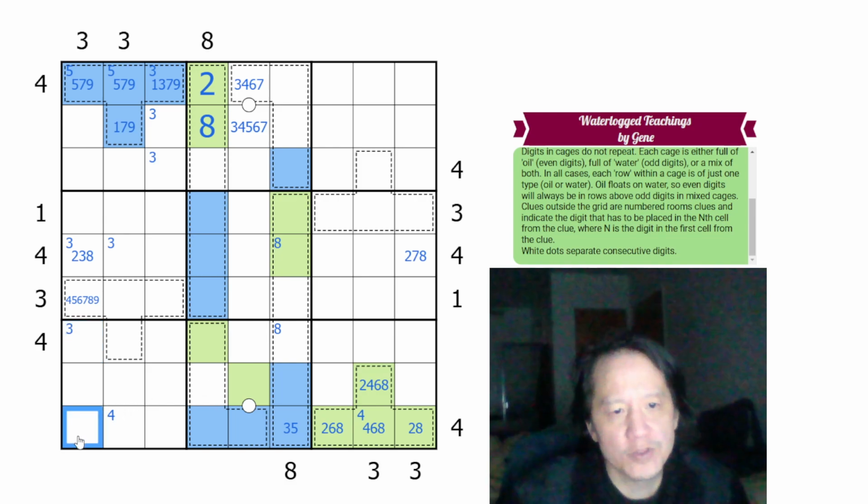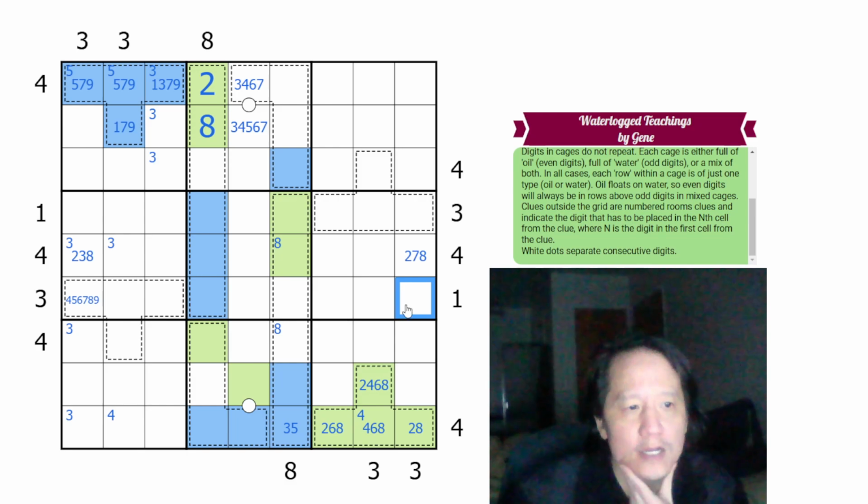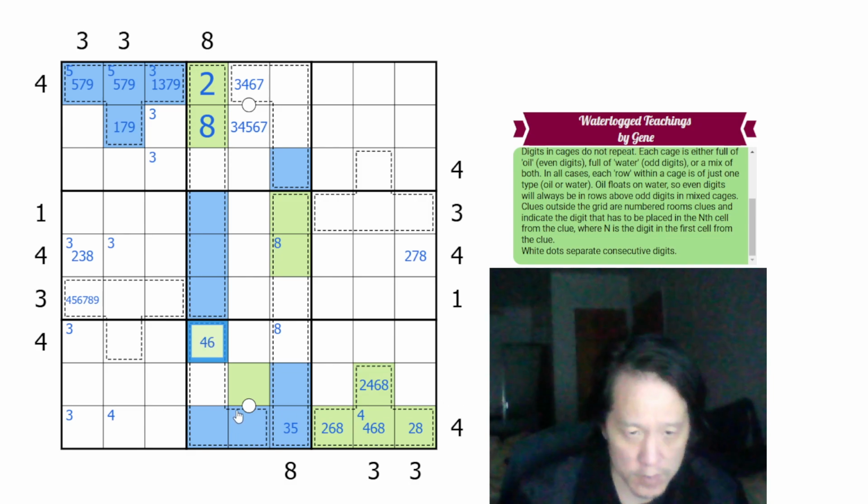So this could be 3, or this could be 3 in this column. It cannot be 1, and it cannot be 9 here. Actually, it could be 1, sorry. So this is 4, 6. Okay.